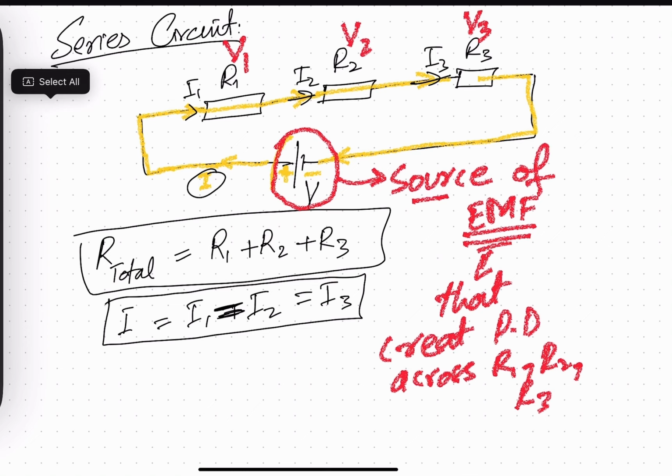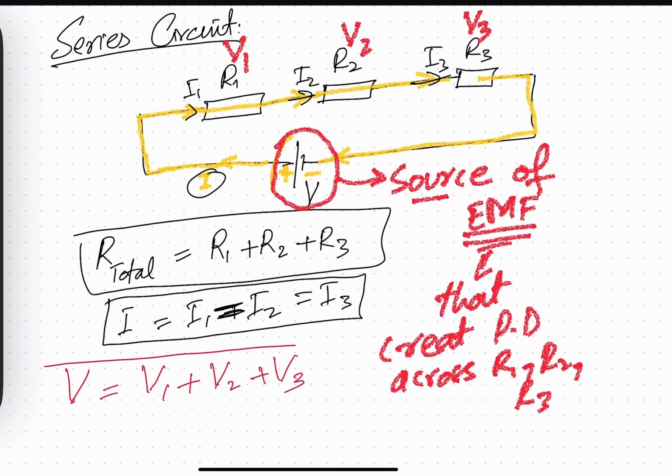They can have different money, but when you add all of the currency, that should give you the total amount that you have distributed. The same is the case for this EMF. So the EMF, the voltage we provided, is equal to the sum of all the voltages, V1 plus V2 plus V3. This is for the series circuit.